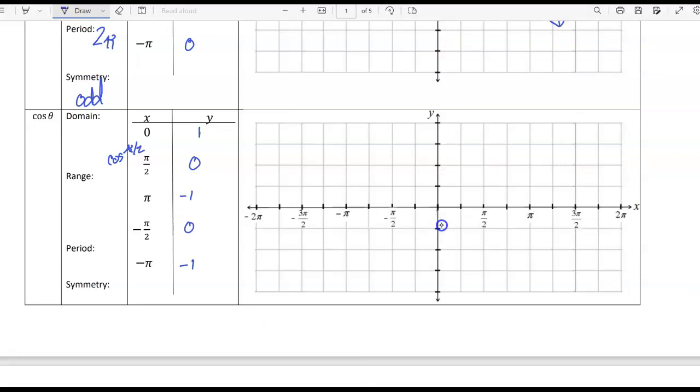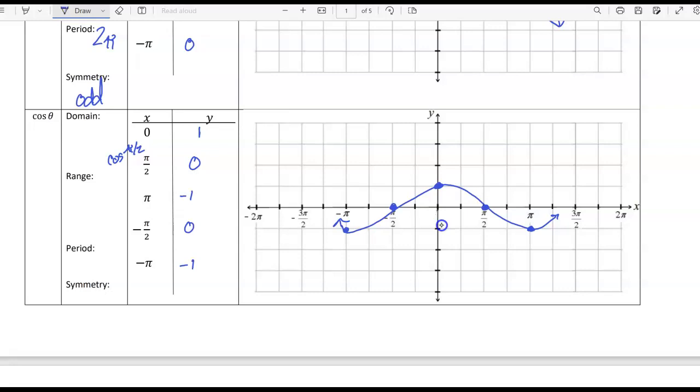So if we were to graph these: 0, 1; pi over 2, 0; pi, -1; negative pi over 2, 0; negative pi, -1. We're going to see this kind of thing happening here. So there's one iteration of our cosine function, and that's also called a period.